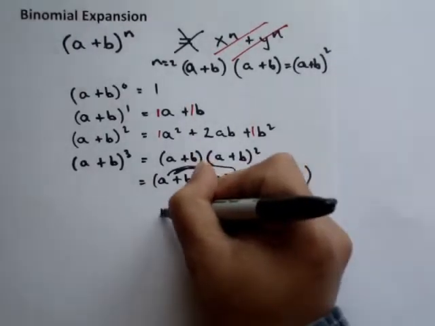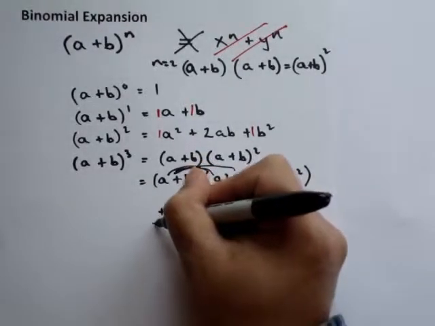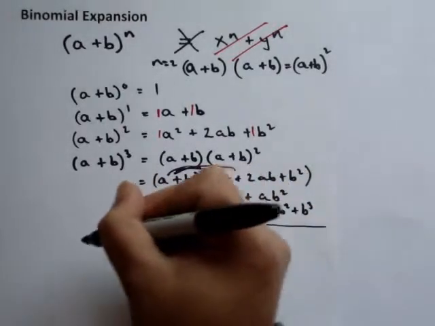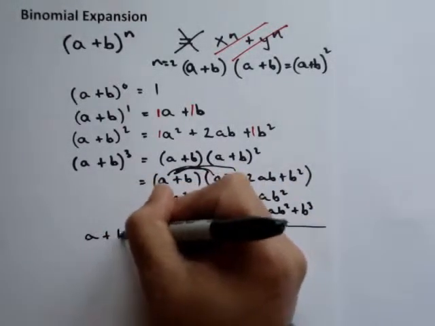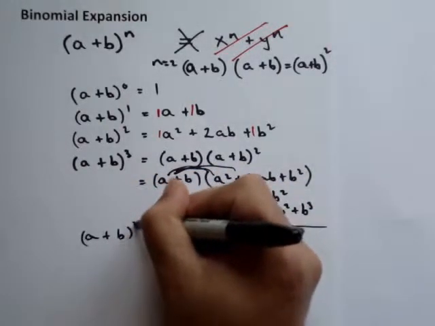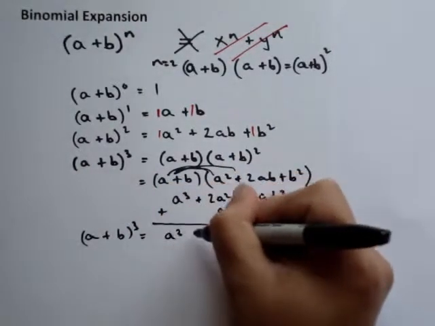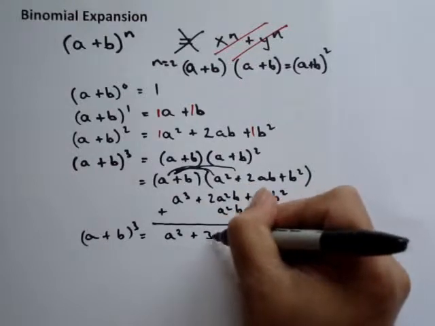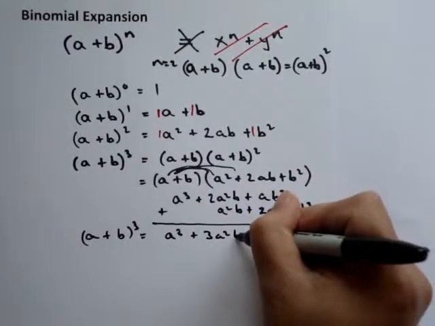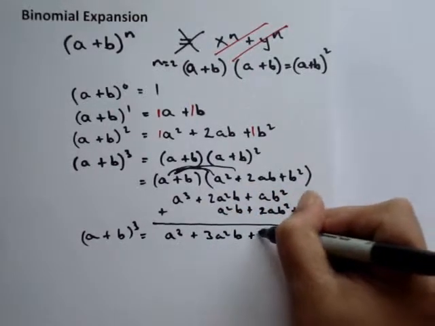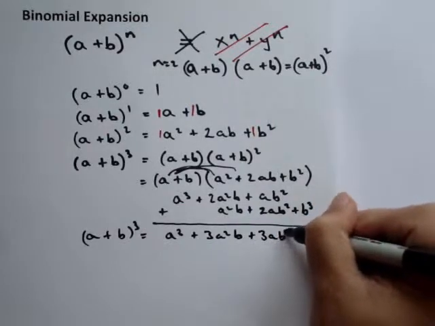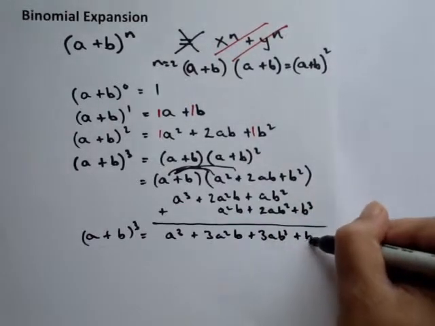And then when we add these together, we get the result for a plus b cubed equals a cubed plus 3a squared b plus 3ab squared plus b cubed.